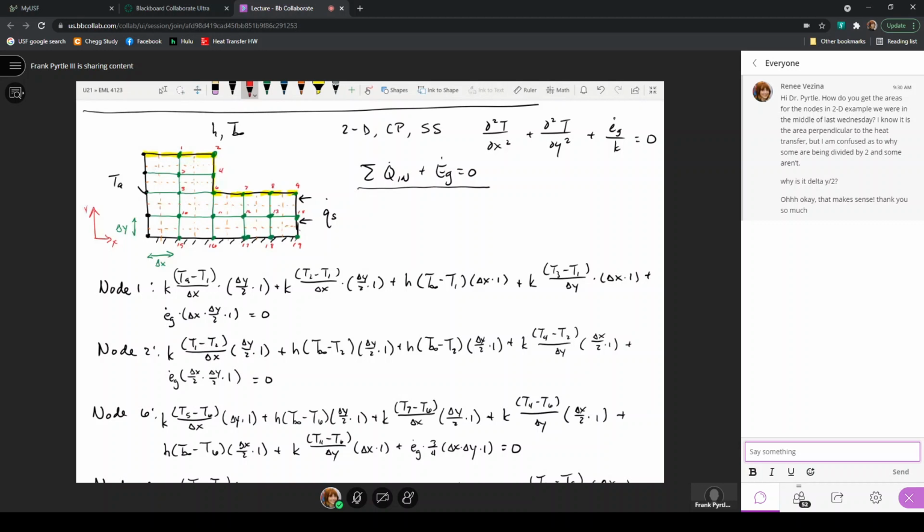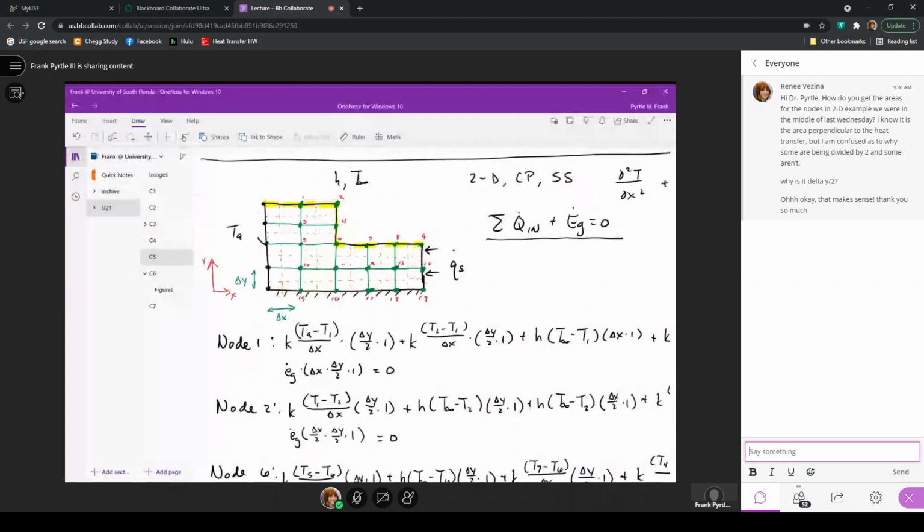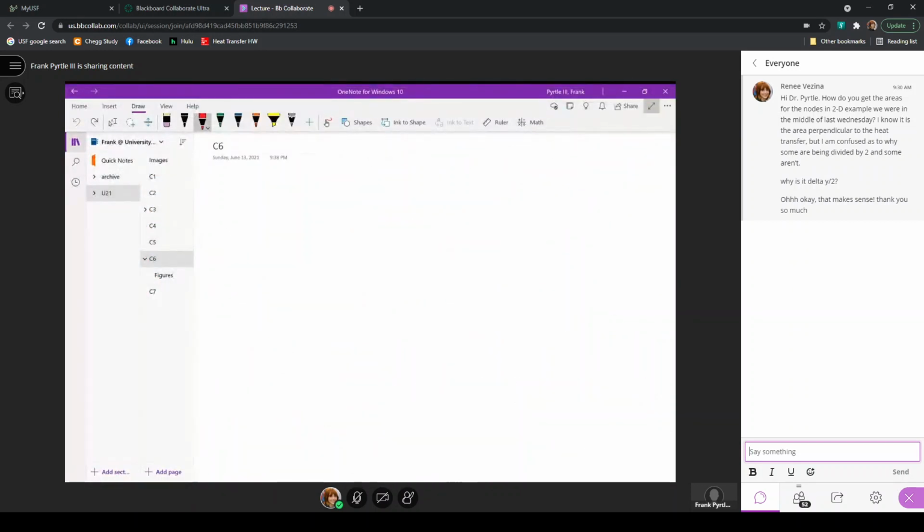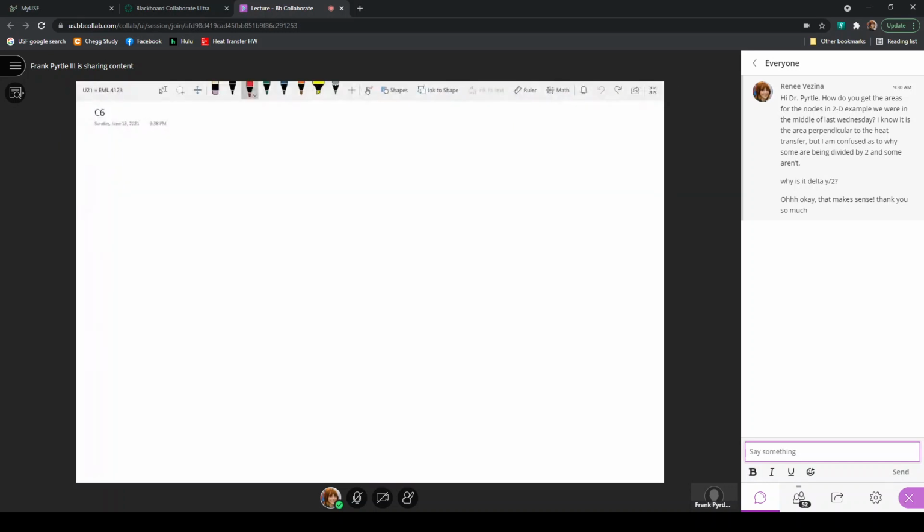Now here I was talking about the convection. Convection is defined as a heat transfer coefficient times a delta T that actually drives the heat transfer times the area over which that heat transfer is occurring. To consider in a little bit more depth what we're actually looking at when we talk about convection is a definition of that heat transfer coefficient.